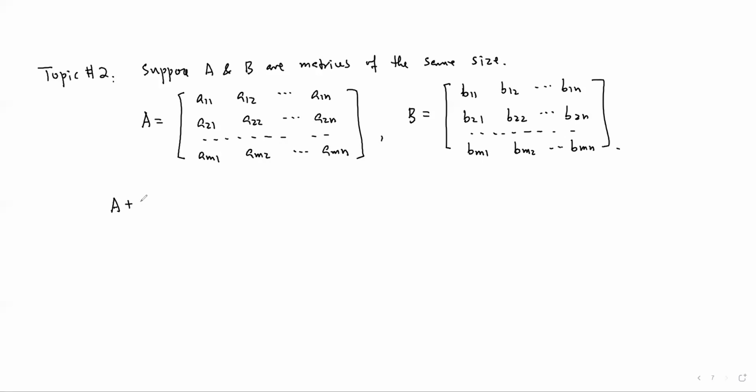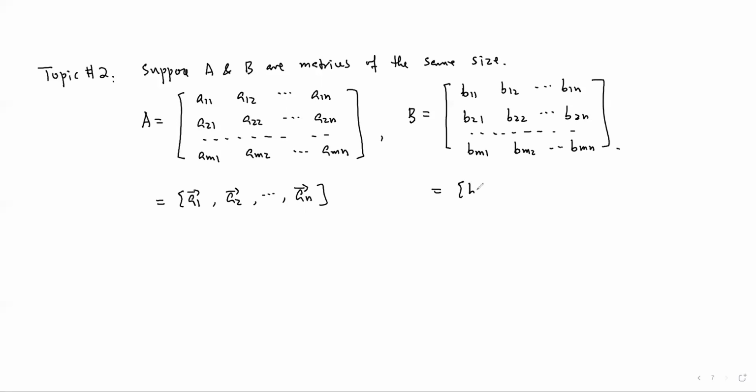Now, summation, A plus B. Let me also write these two matrices in columns. First column A1, second column A2, and last column An.